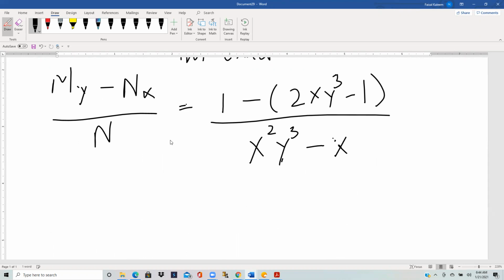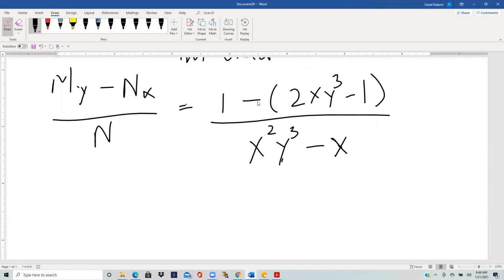So we want to see if this is a function of x only, and there is no y. Then we are on track to get the integrating factor. But apparently we do have a y here, but we should not give up until we simplify.